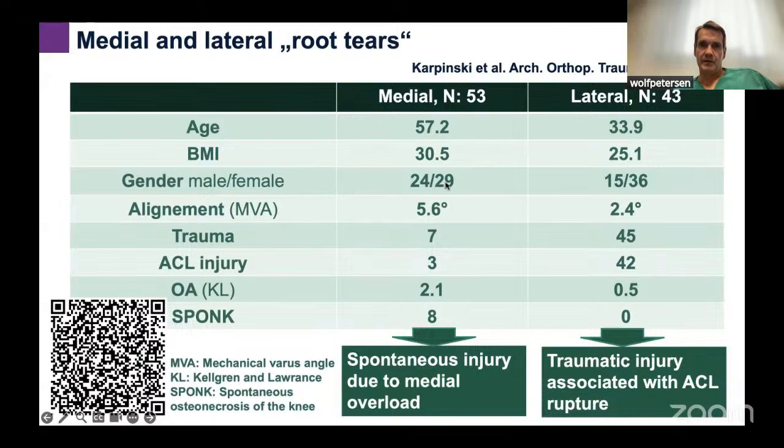The gender male-female ratio is also different, and patients in the medial meniscus root tear group have a higher rate of osseous deformity, varus malalignment, with a mean hip-knee-ankle angle of 5.6 degrees versus 2.4 in the lateral meniscus root tear group.